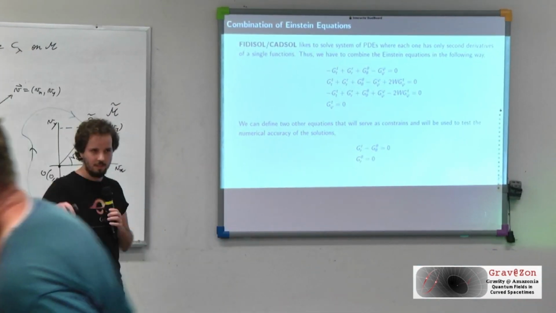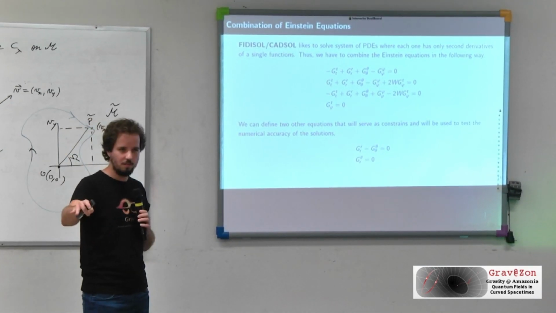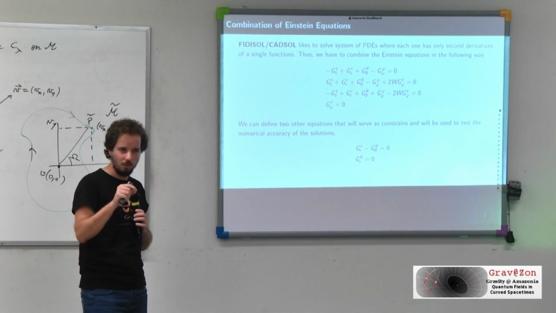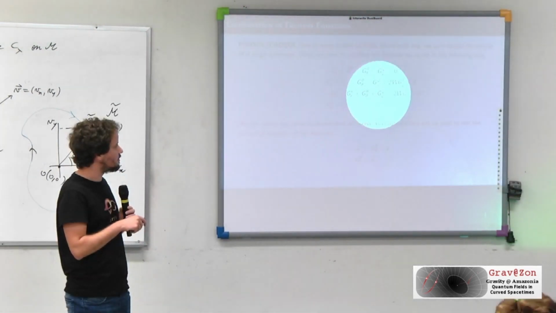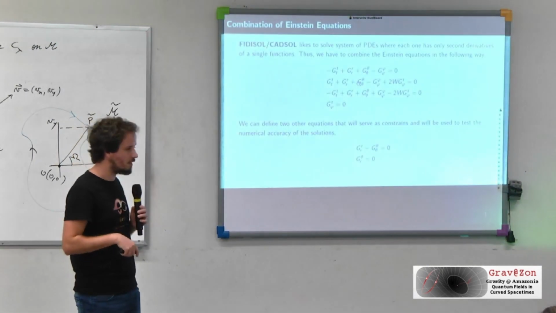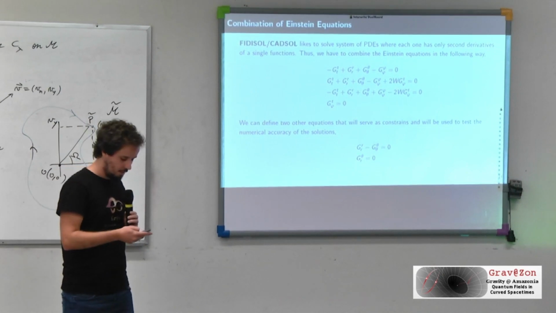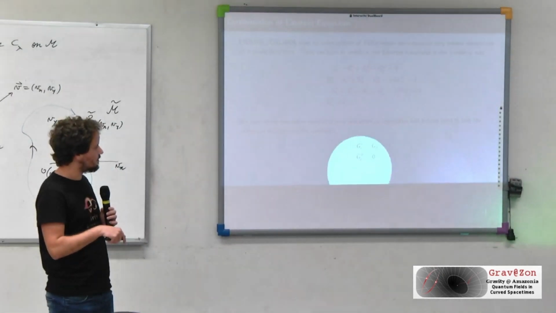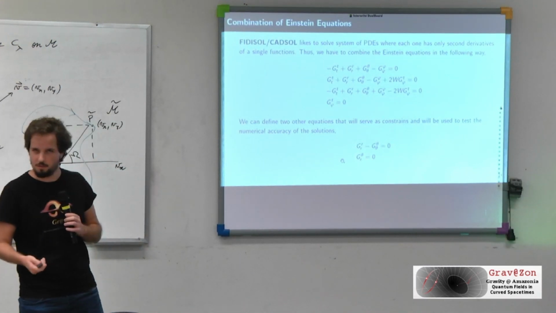You can have first order derivatives of all the other functions there, but the second ones will be only of one. If you do that, you can find this set of combinations of the Einstein tensor to have exactly that. Then you have these remaining 2 constraint equations that you use just to check if the solution is good enough.